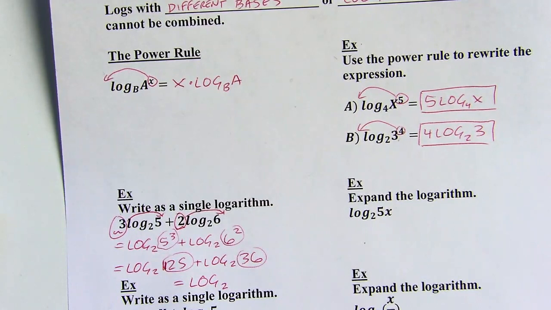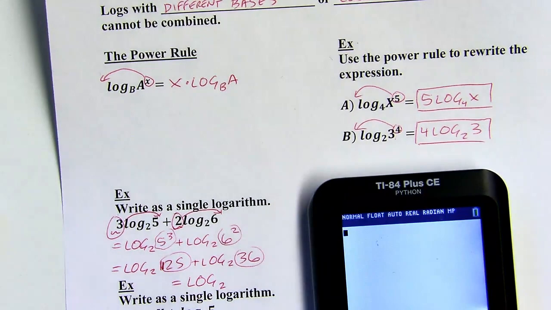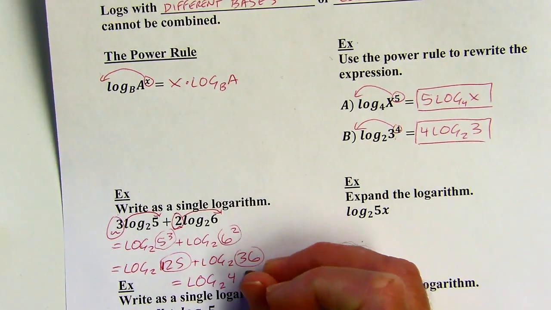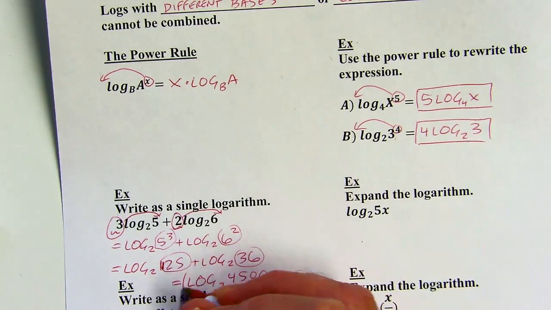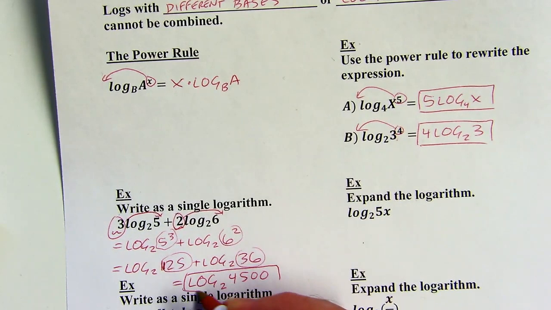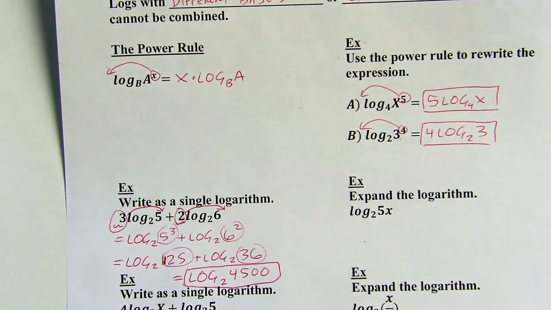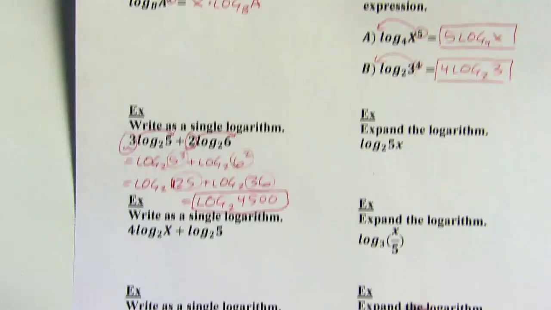Okay, and it's early in the morning, so I'm going to use a calculator for that. 125 times 36. 4,500. Okay, and it's true I could evaluate log base 2 of 4,500, but I'm not asked to do that. I'm just asked to write this as a single logarithm. So that's what I've done.